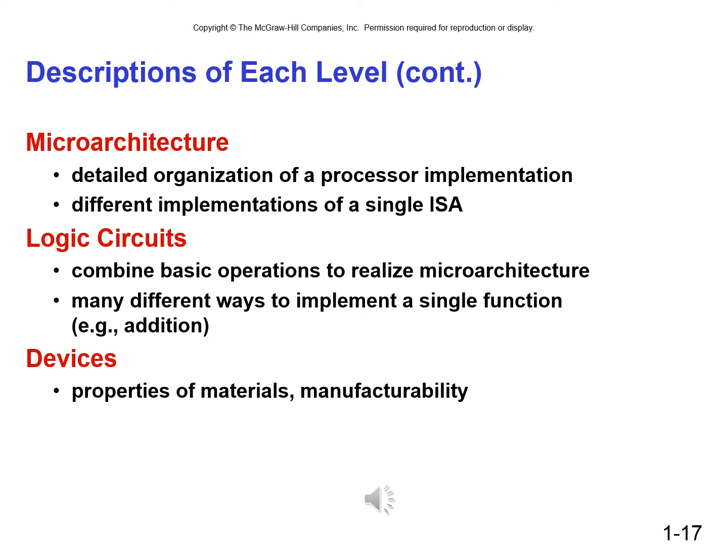And then devices, you get into properties of materials, manufacturability. Well, that's the edge of this course, where we're really looking over into electronics. So we'll talk conceptually, vaguely, if you will, about those topics, but it's not really a core competency of this course.